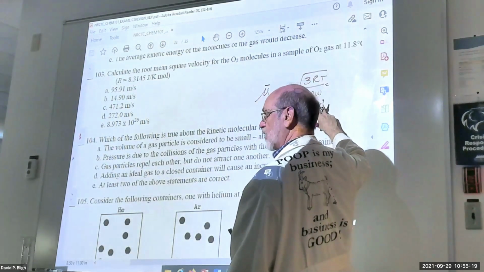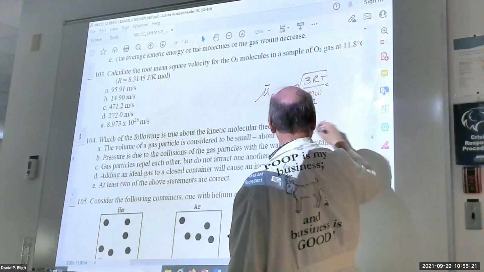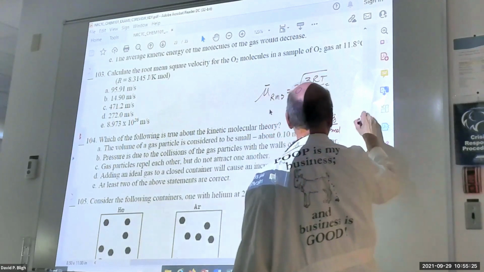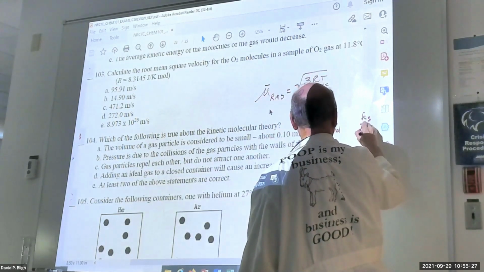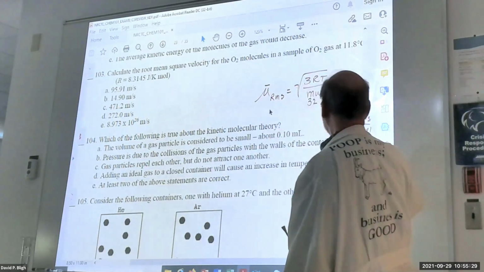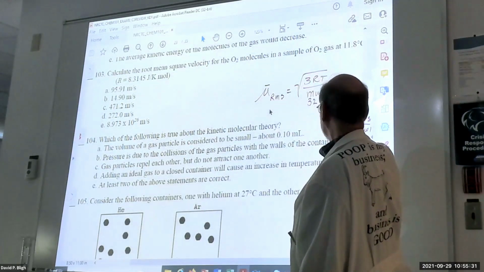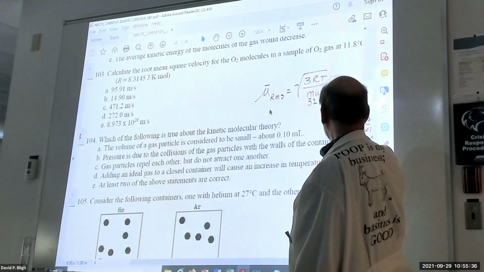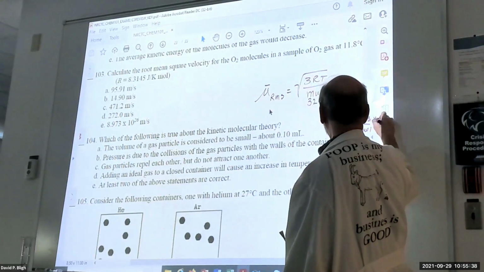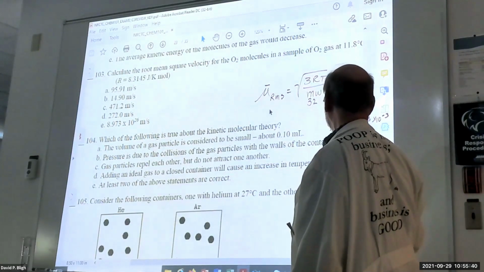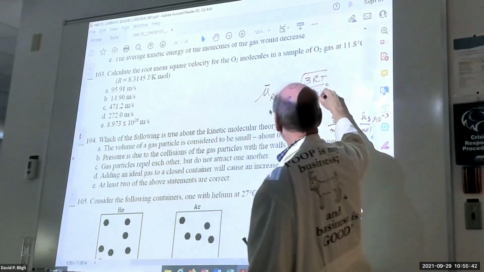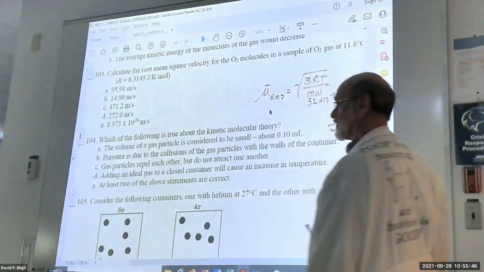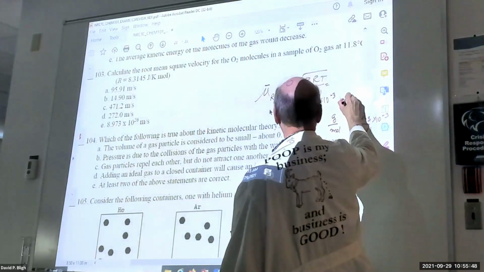If that's grams per mole, then grams per mole and kilograms per mole, we have taken 1,000 parts of that and put it in this prefix, which means this value has to be times 10 to the minus 3. So 32 times 10 to the minus 3 kilograms per mole.